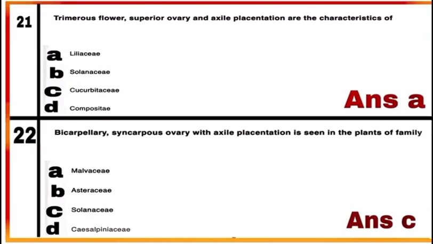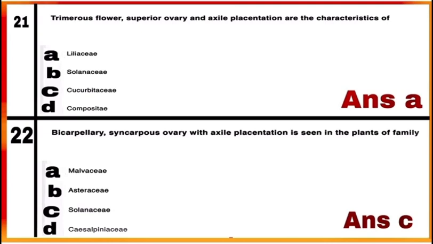Question 21. Trimerous flower means flower appendages are in multiples of 3, with superior ovary and axile placentation. These are the characteristics of. These are the features of plants found in family Liliaceae, like in Allium cepa. So here mark A as a correct answer.